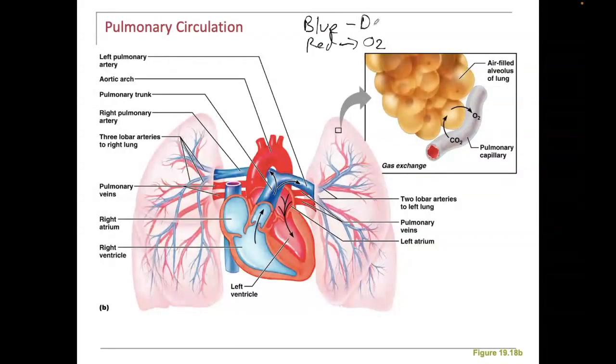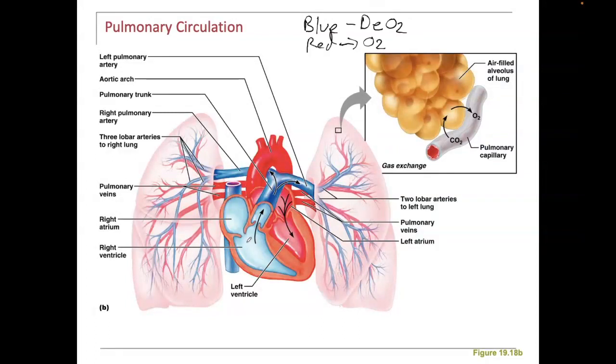And when it's blue, it's deoxygenated. Okay, when we see red, those red blood cells are carrying oxygen. And when we see it blue, the red blood cells don't have oxygen. So if they don't have oxygen, the red blood cells have to be sent somewhere to pick up oxygen.